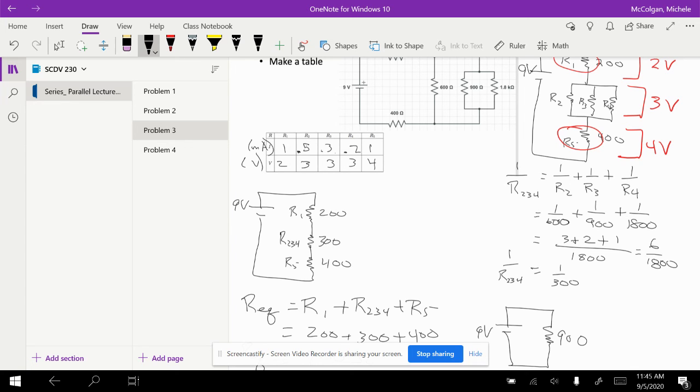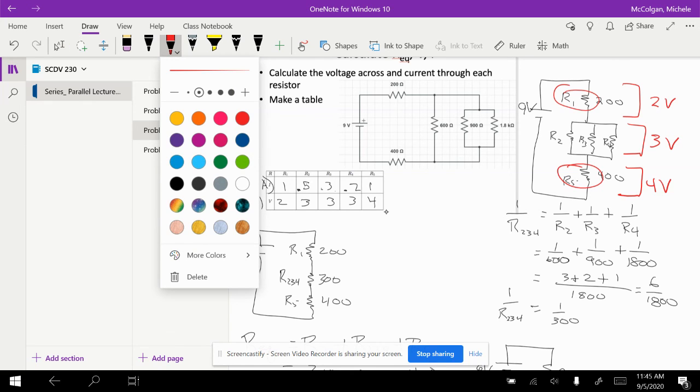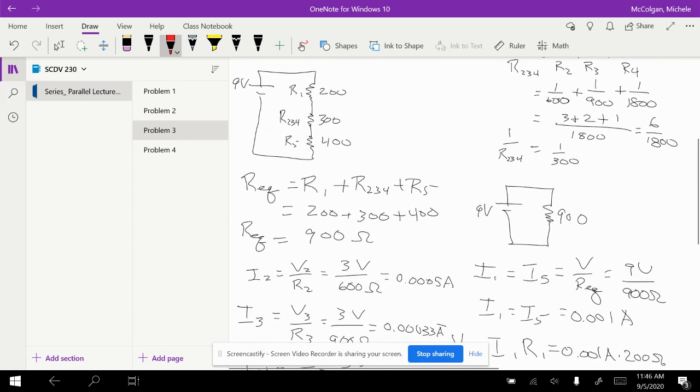And so that just shows that my current comes in as 1 milliamp and is split between these resistors, and the ratio depends on the resistance. And so I would expect the higher current to be going through R2 because R2 is a 600 ohm resistor, and a much smaller current to be going through the 1800 ohm resistor. And that's what my calculations bear out.